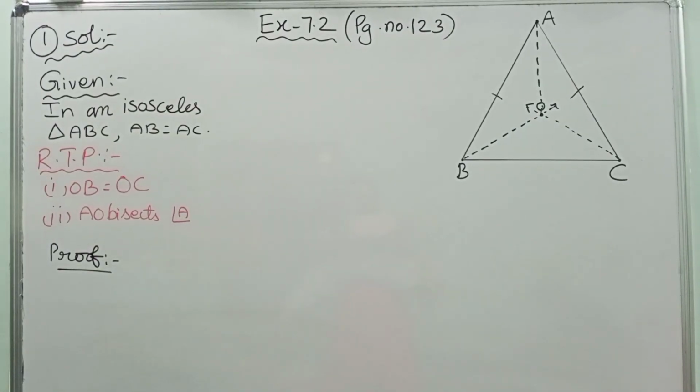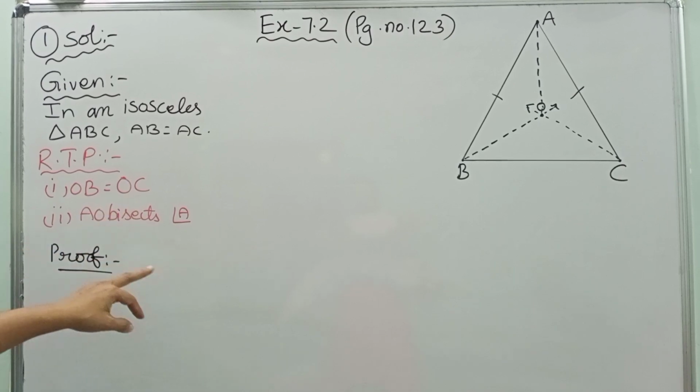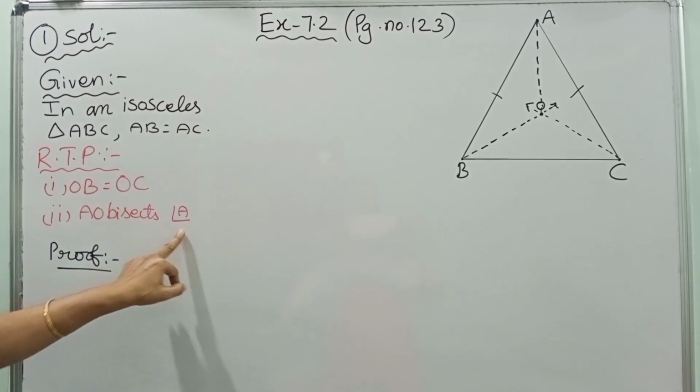Required to prove is OB equal to OC, and AO bisects angle A.